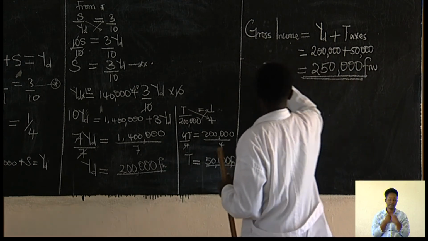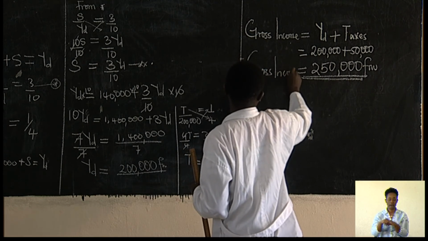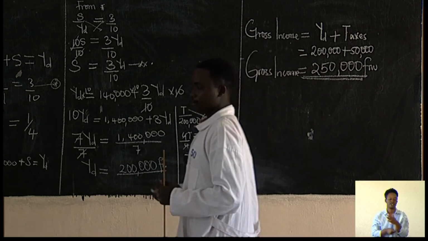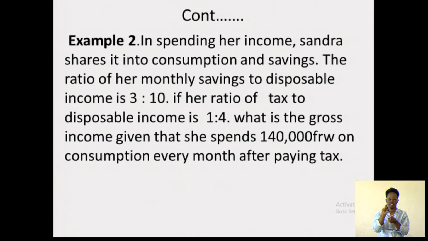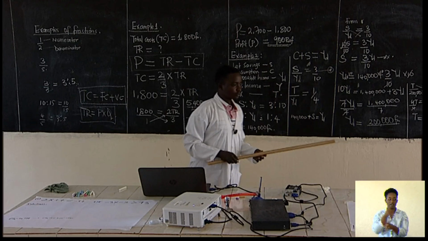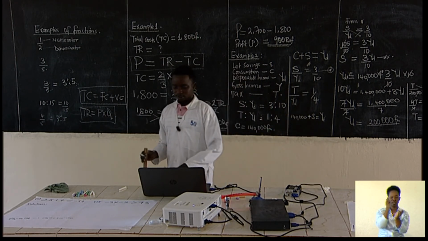So this is your gross income before taxes are taken away. That is your gross income. So you can see how we can apply ratios in economics by following this example 2 that we have worked out.